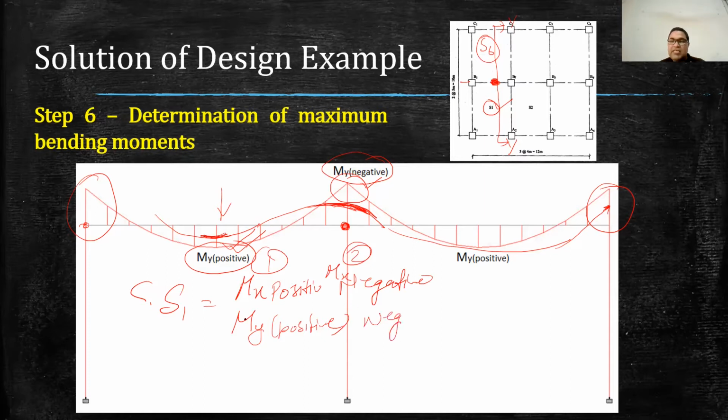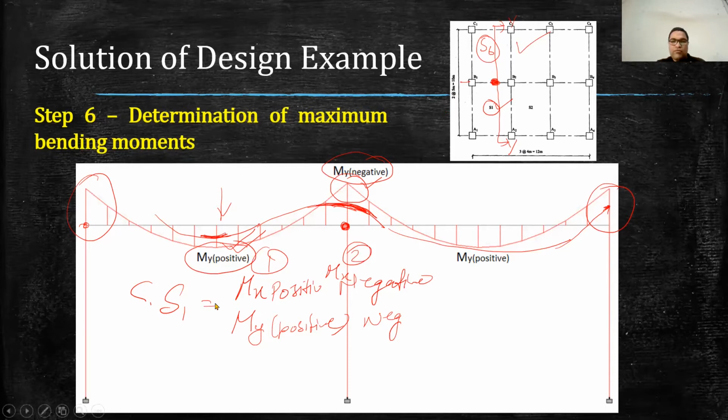So basically each slab will have 4 bending moments, 2 positive and 2 negative, along the shorter and longer span. So in total we will calculate 8 bending moments, and among these 8, the higher value will be considered as the maximum bending moment for this whole panel.